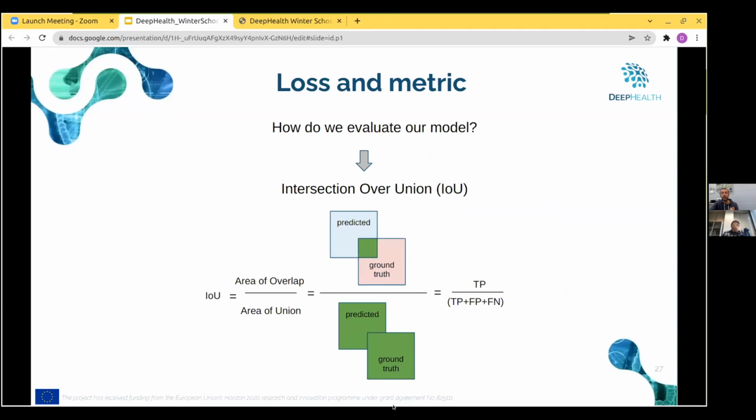About the evaluation of the model, the intersection over union score is commonly used for segmentation problems, especially in the medical field. This metric takes into account, as for the dice score, the area of intersection between the generated segmentation map and the ground truth.